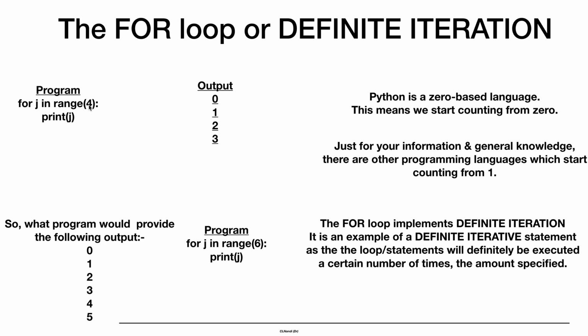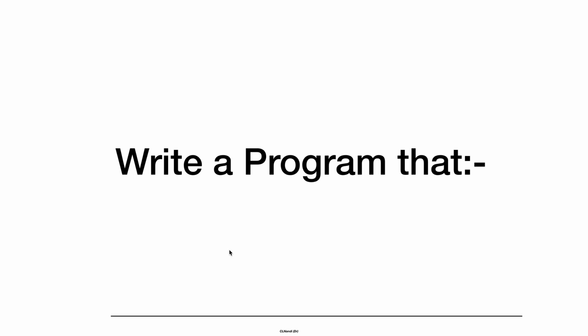It will be definitely executed 4 times. So it's definite iteration. If we look here, this for loop will definitely be executed 6 times. So the number of times the loop is executed is predefined.